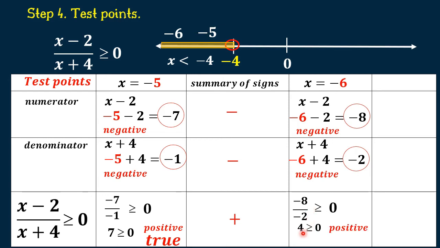So the result is positive and 4 is greater than or equal to 0, which is true. So therefore, we have the summary of signs. Our numerator is negative, denominator is negative, the quotient is of course positive because negative divided by negative is positive. Since we have arrived at positive values here, we can conclude that this interval is part of the solution. This interval is included.